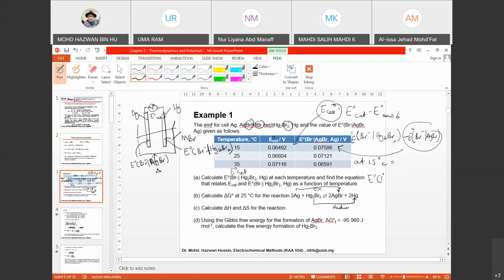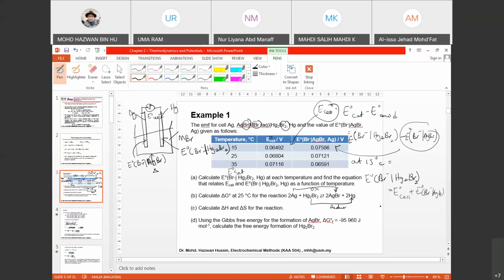E naught cathode is equal to E naught cell plus E naught AgBr/Ag.